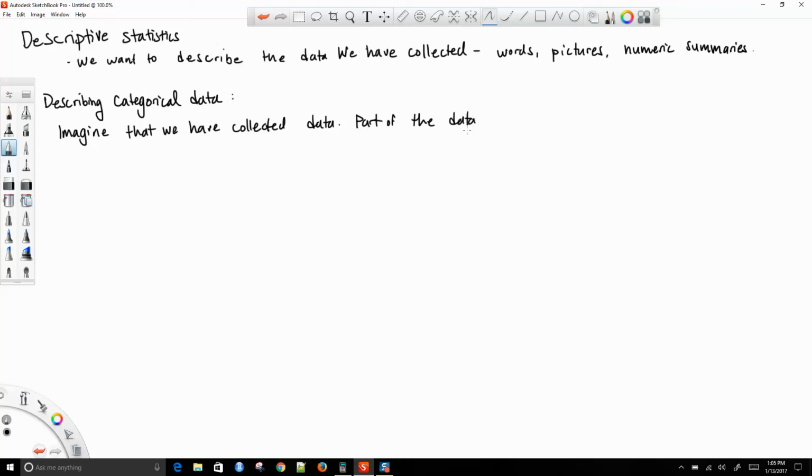At least one of the variables is categorical. For example, just pretend we walked around one of the parking structures, and we collected information on the make and vehicle type.